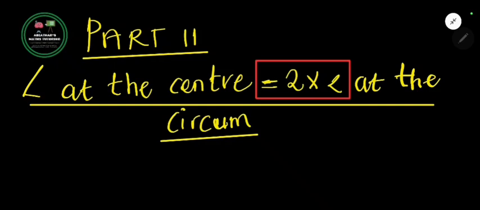The angle at the center is equal to 2 times the angle at the circumference. That's the reason.